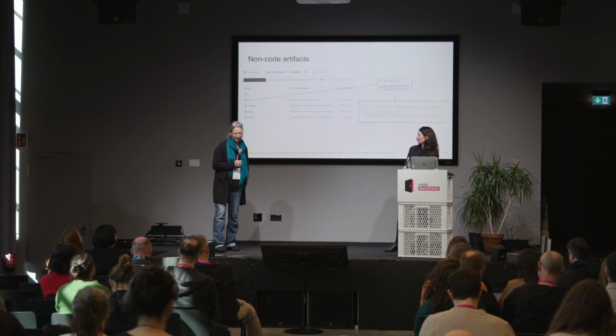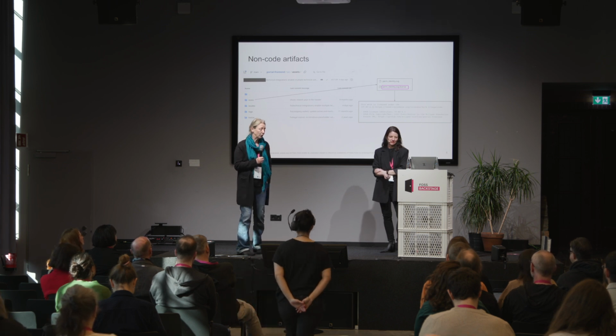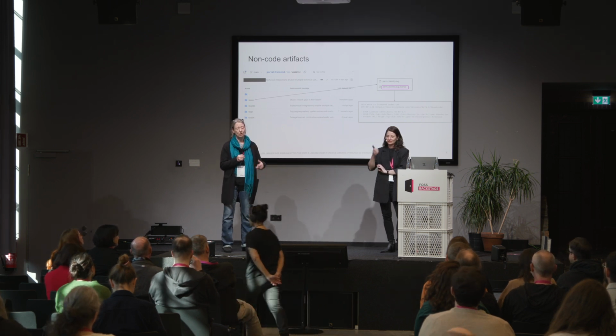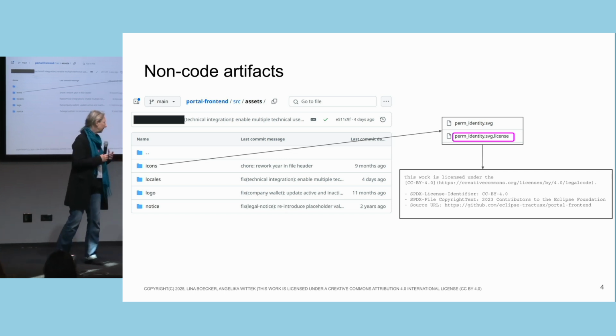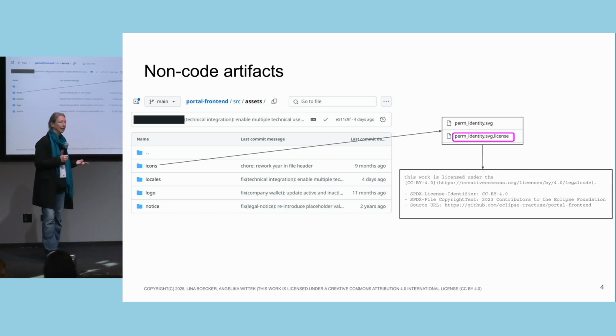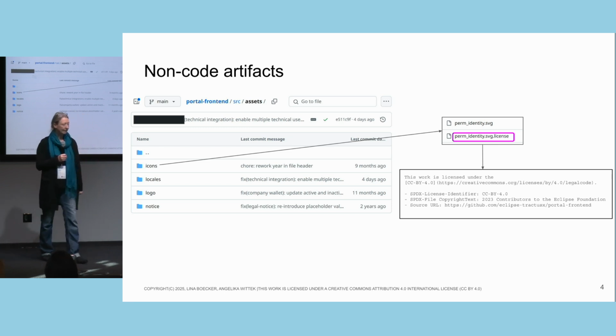Okay, just to give some examples, maybe you have this definitely in your repositories, folders like an assets folder. In these folders, you can generally find something like icons, your fonts, logos, local things. And just as an example, let's have a look at one logo here. It's an SVG logo icon, and it's self-created because there is a .license file next to the image.